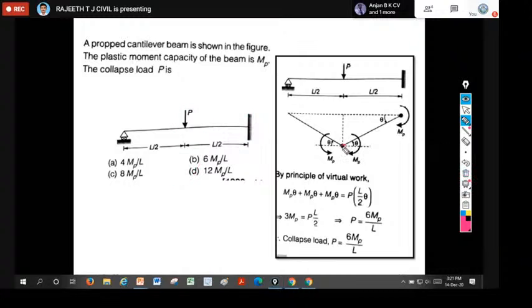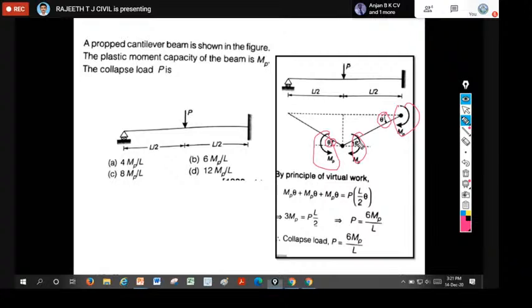At the hinge points I should write Mp. To keep the beam in equilibrium, I should write it in the anticlockwise direction, opposite to the deflection. Actually the beam deflects downward because of the load, so to keep it in equilibrium I should apply the moment in the upward direction. This is your moment Mp, applied here and here, where theta is the rotation.